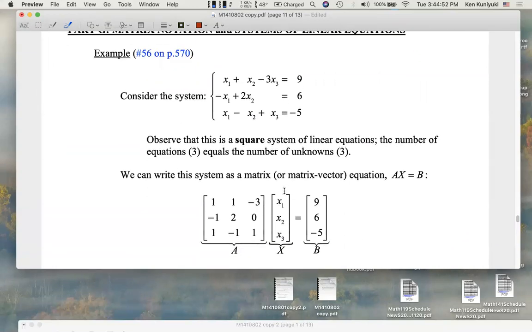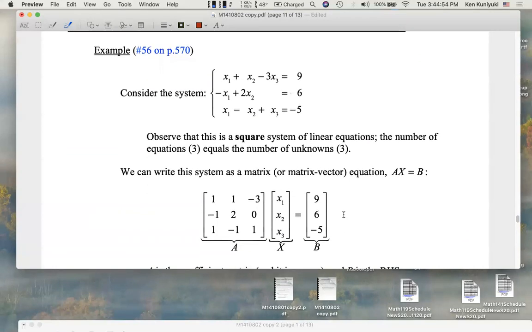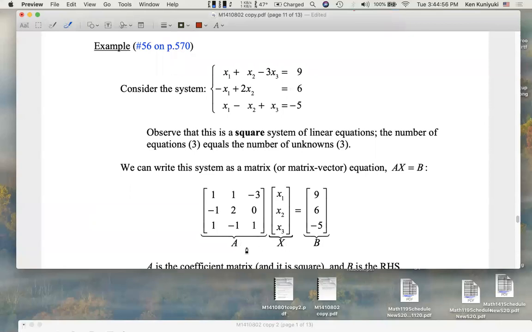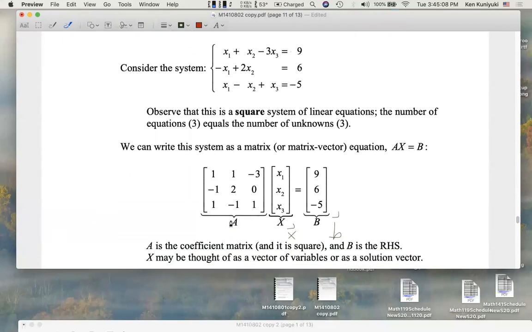Now, believe it or not, we can write this system in a matrix vector form. AX, sometimes x is written like this, like the way we used to write vectors, AX equals B, another vector. Or you can think of these all as matrices or as a combination of matrices and vectors. A times the vector x equals the vector b.